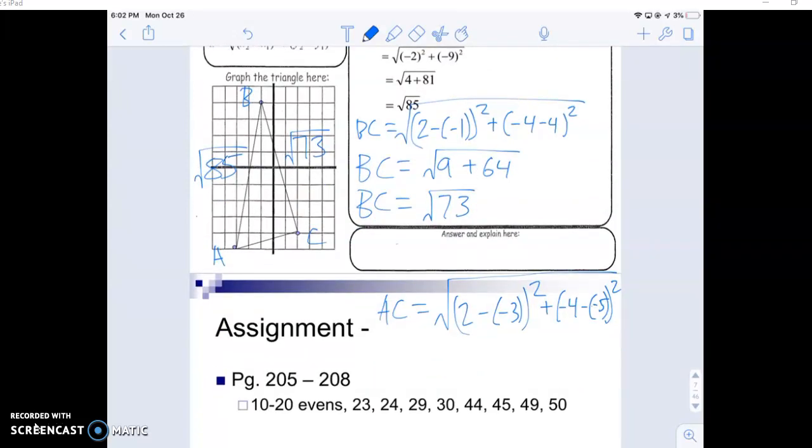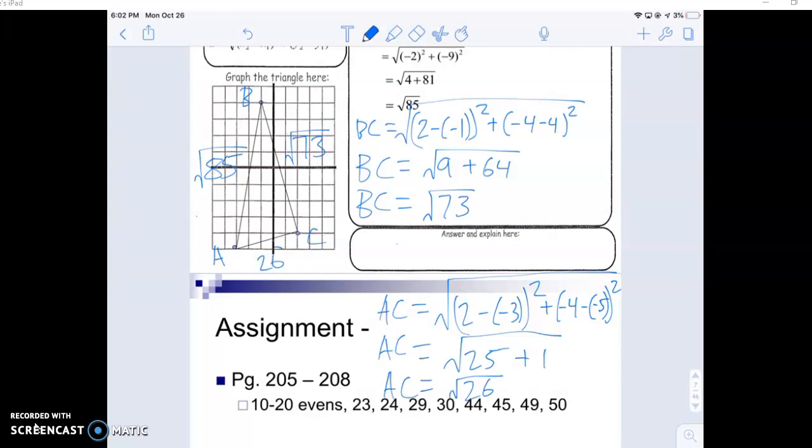Lots of negatives there. 2 minus negative 3 is 2 plus 3, which is 5. 5 squared gives us 25. Then negative 4 minus a negative 5 is negative 4 plus 5, which is 1. 1 squared is just 1. Add those up together and you get the square root of 26.